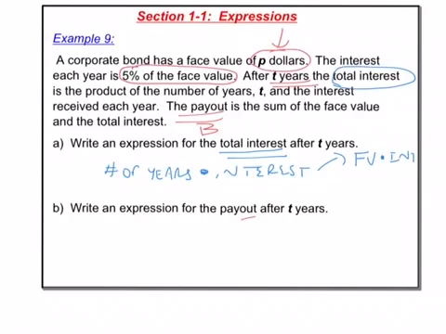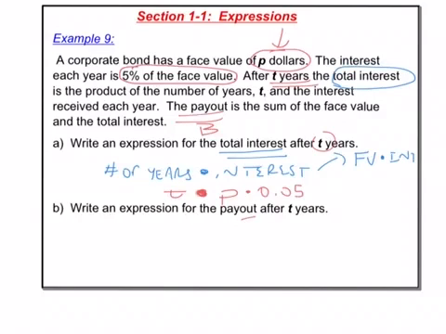All right, so if we take a look, the number of years is going to be T. I wrote equals, but it's going to be multiplied by. So multiplied by the interest. So our face value was given as P dollars, so T times P, and then the interest rate is 5%, so we're going to put 0.05.